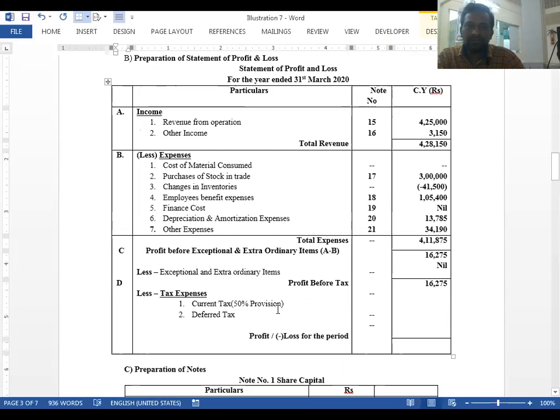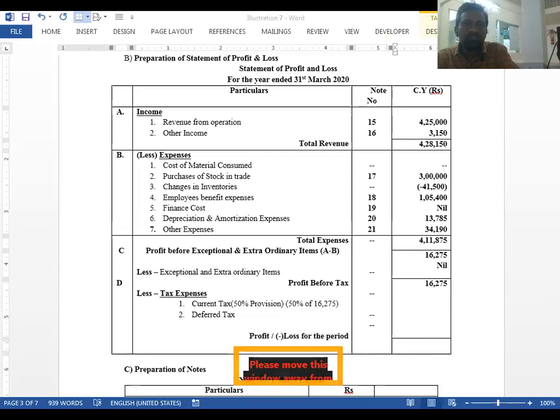So 50% of C, 50% of 16,275. This is the calculation. What is the amount of 50% of it? Very good, 8,137.5.